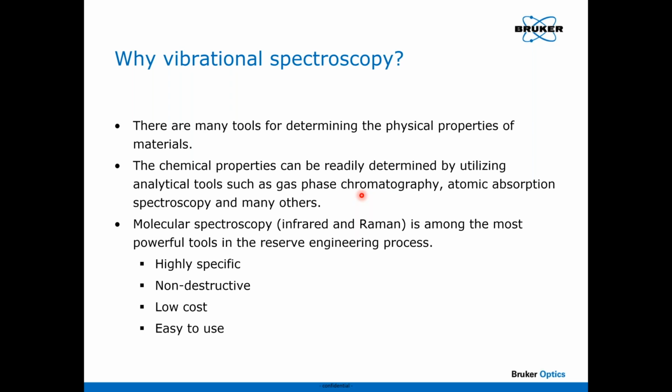But when we look at the chemical properties, we're interested in how the molecules interact with light, how they absorb or reflect the light. And we have some beautiful examples we'll go through together. Remember that it's very highly specific. There is no more specific tool you can use than vibrational spectroscopy to do the job. It's non-destructive, low cost, and should be very easy to use.